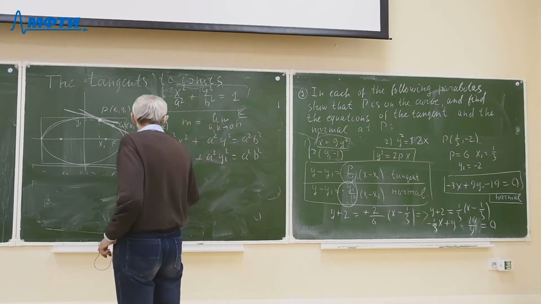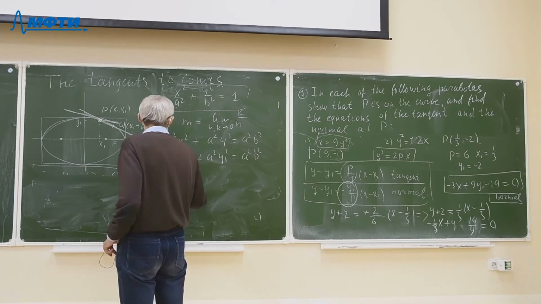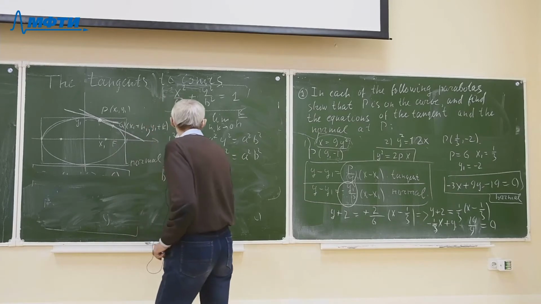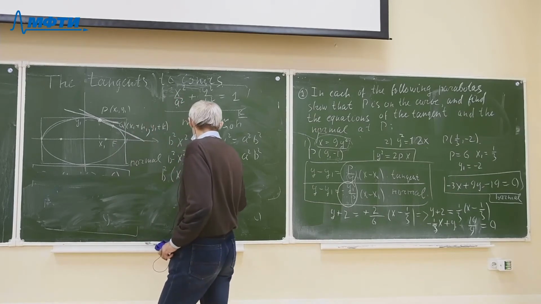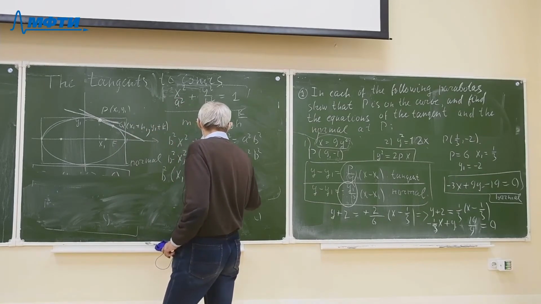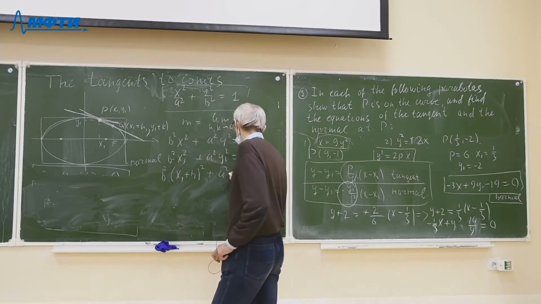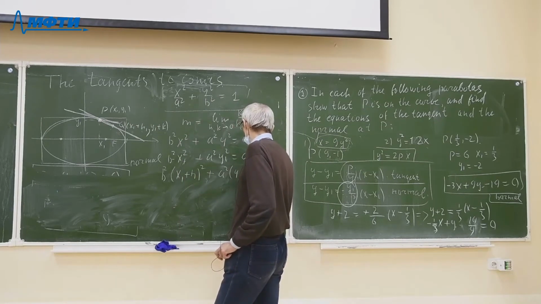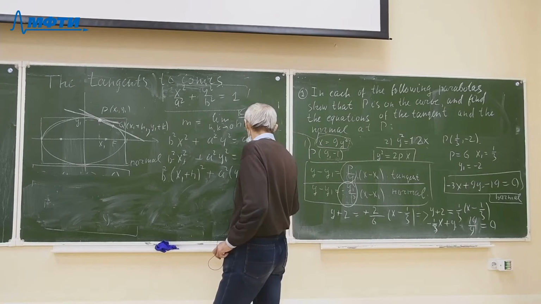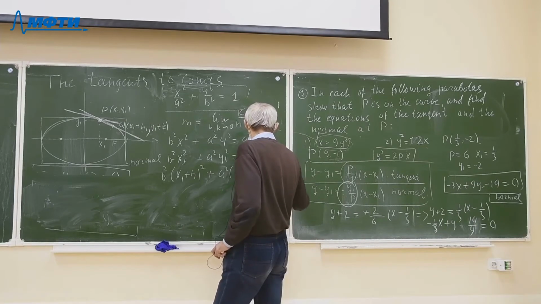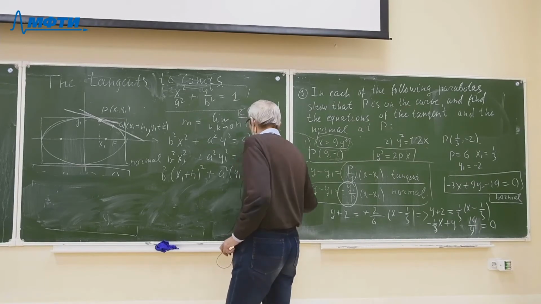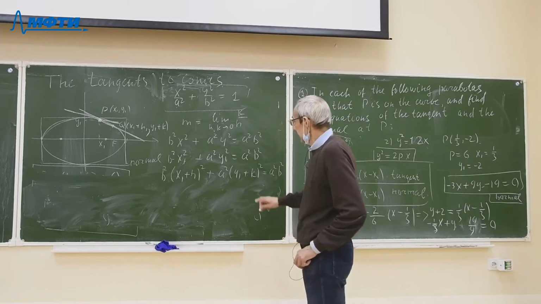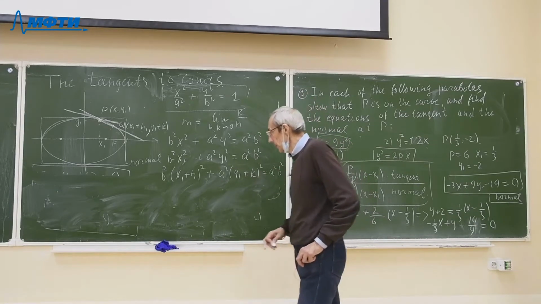In the same way, we obtain that b squared times (x1 plus h) squared plus a squared times (y1 plus k) squared is also equal a squared b squared. And subtract from second equation first equation.